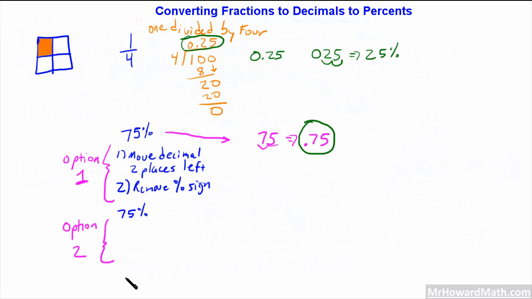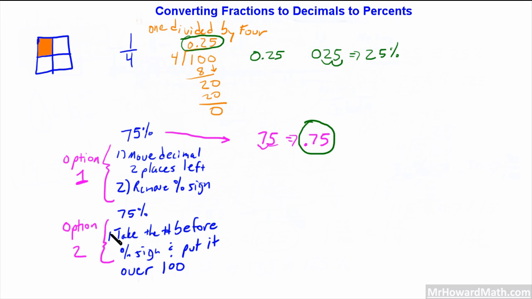And the rule on percent to a fraction is we take the number, that's the symbol for number, so the number before the percent sign, and put it over 100.